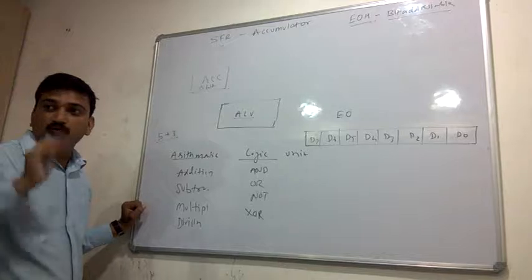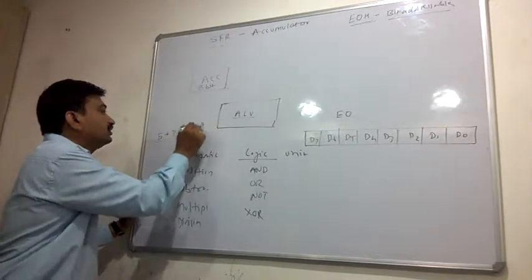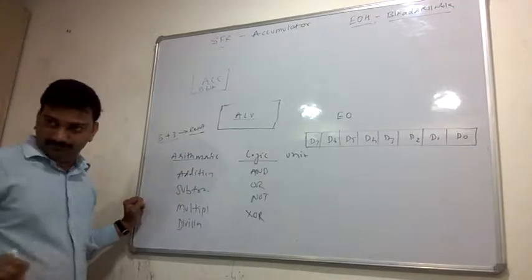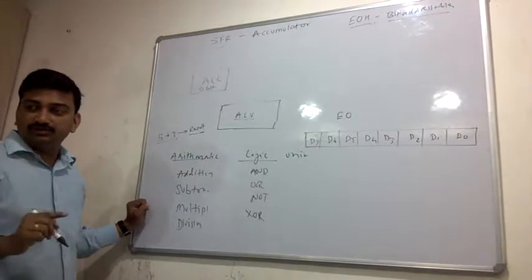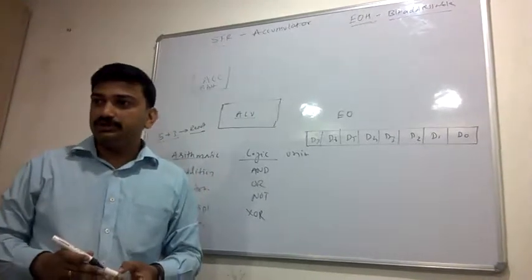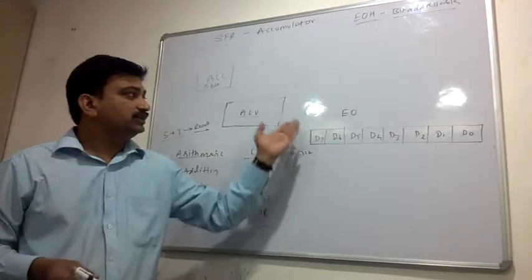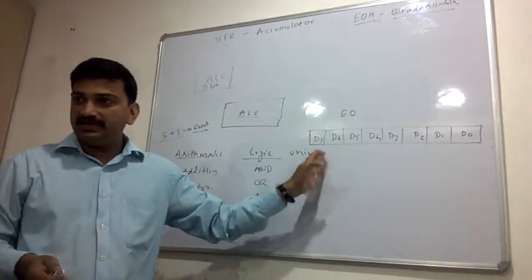And the second thing: whatever result we get is finally stored in the accumulator. So the accumulator is a very important register. Whenever you want to put a value in the accumulator, you can directly put it.